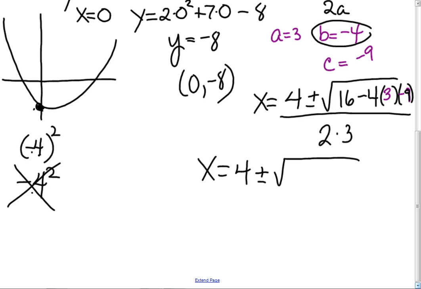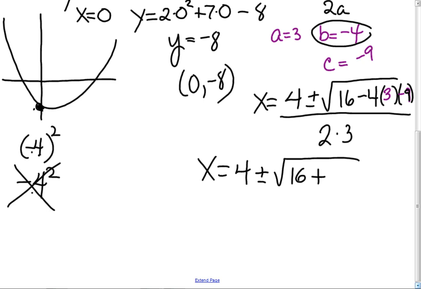I have 16. What's the sign going to be? No. 2 negatives make a plus, and I have to do 12 times 9 or 4 times 27. Does anybody know what that is? 4 times 27? You have a calculator.